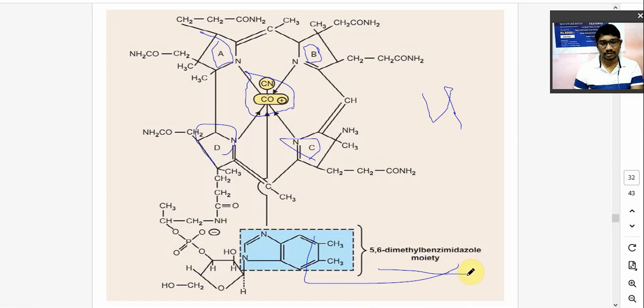Then pyrrole ring होता है, tetrapyrrole, cyanide and cobalt, and these are attached by coordinate bonds. बाद में अमाइन भी रहेगा, क्योंकि इस नाम में ही क्या है, cyanocobalamine, तो अमाइन तो रहेगा ना, CH2 CH2 NH2.